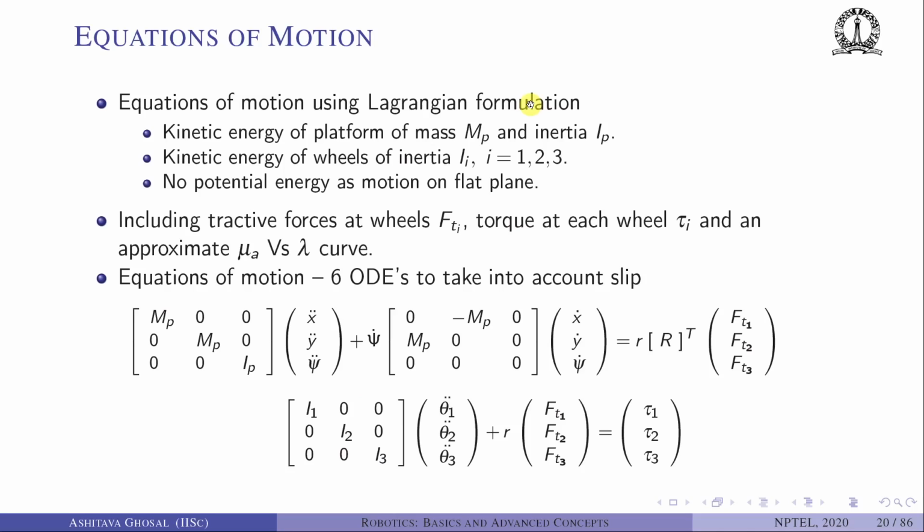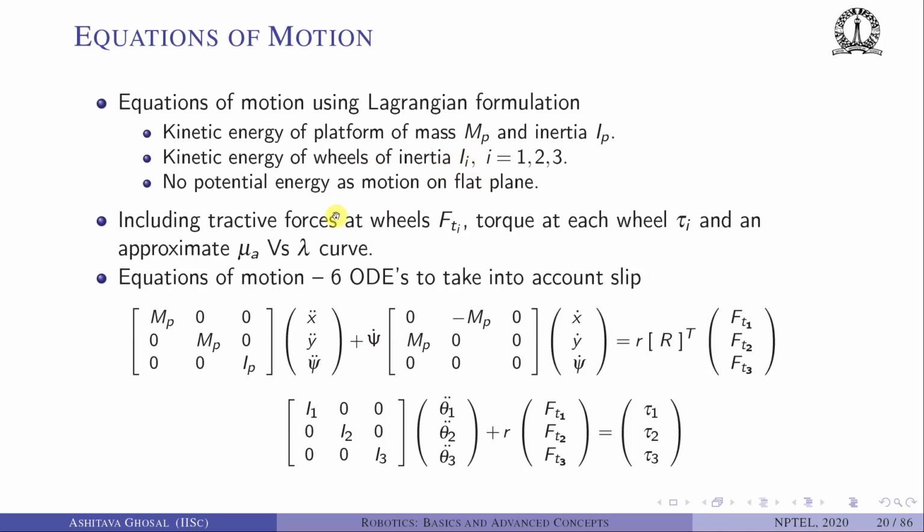We can also derive the equation of motion of this wheeled mobile robot using the Lagrangian formulation. We assume that the mass of the platform is mp, the inertia is Ip. We can obtain the kinetic energy of the platform. We can also obtain the kinetic energy of each of the wheels. The inertia is Ii.